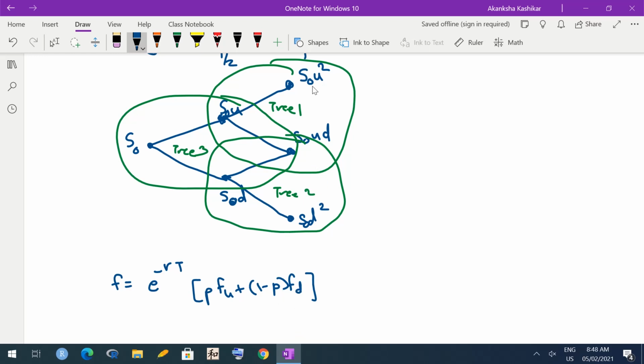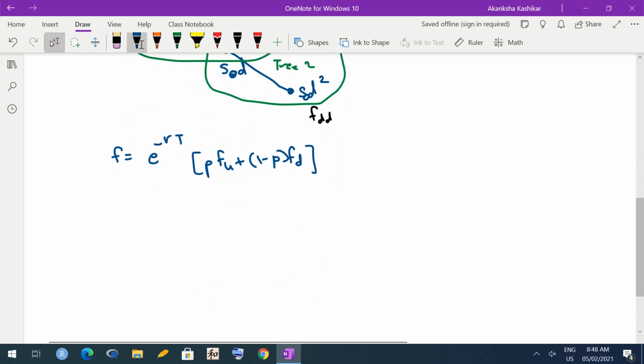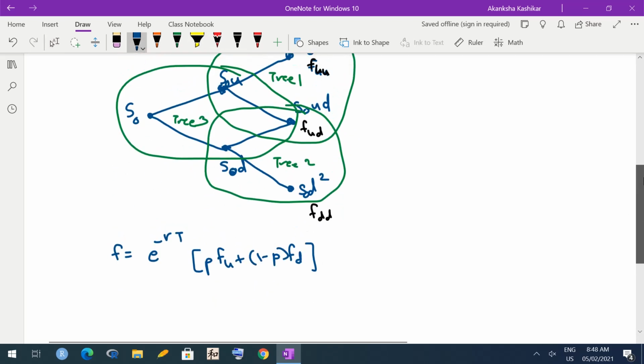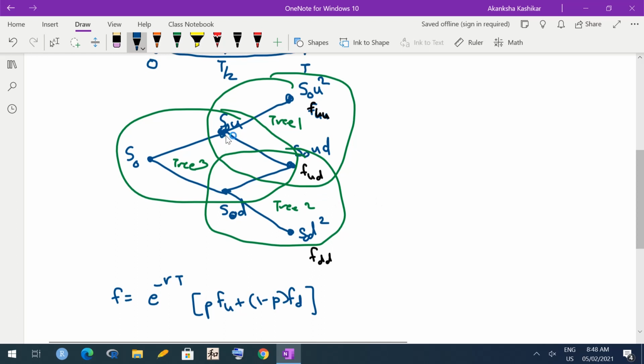So if I have to compute value of the derivative here, let me denote it by FUU. So derivative value here is FUU. Then derivative value at this in between point, let it be FUD. And derivative value at this point, let it be FDD. Now from tree 1, what would I get? From tree 1, I would get value at this point.